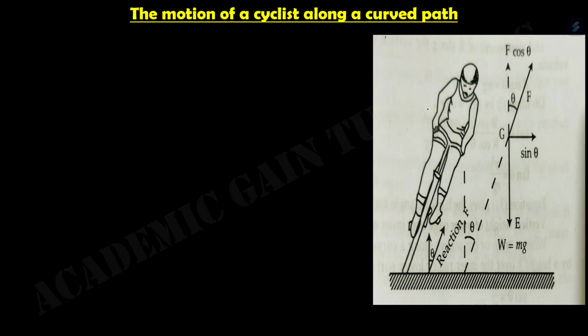In this picture we see a cyclist bending from his vertical position, because he or she has to cross the bend of a road.